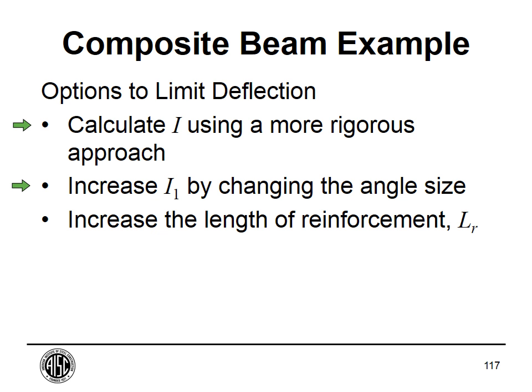Another thing is just increase your angle size. You can't really increase the horizontal dimension of the angle, or you won't have enough shelf dimension. But you can increase the vertical leg or the thickness of the angle to get a higher moment of inertia. Or you can do what I did and increase the length of reinforcement, L sub R.